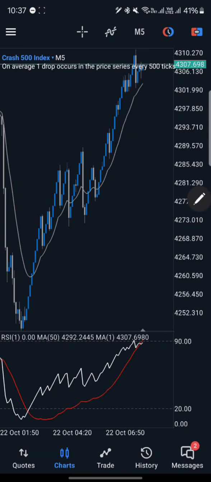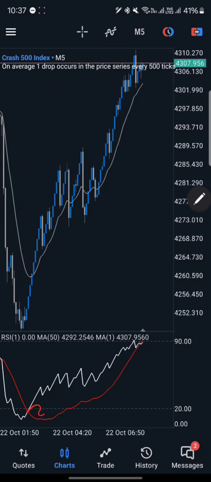So in order for us to take a trade, we wait for the red moving average here at the bottom in indicator window 1 to cross the white moving average. If you keep your chart the way it is now and not move front to back, just follow it the way that it is, it will definitely work for you.